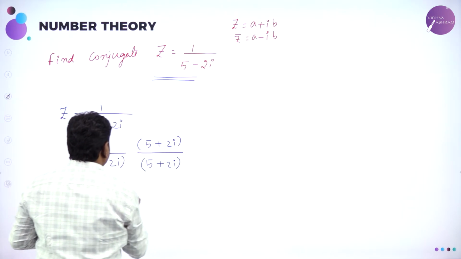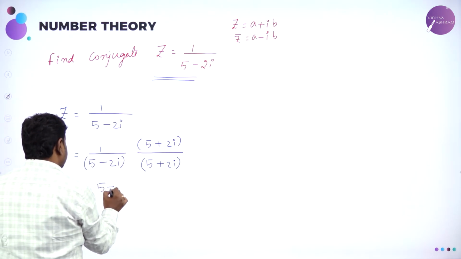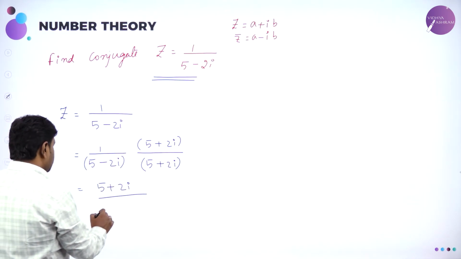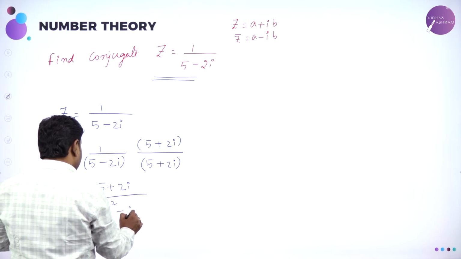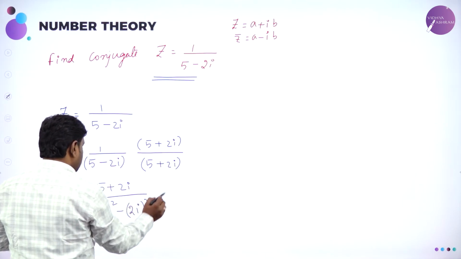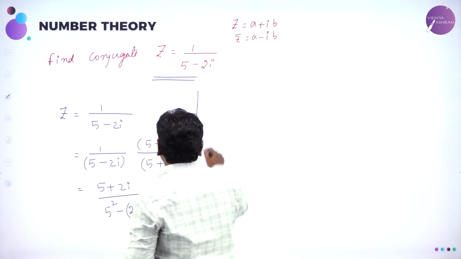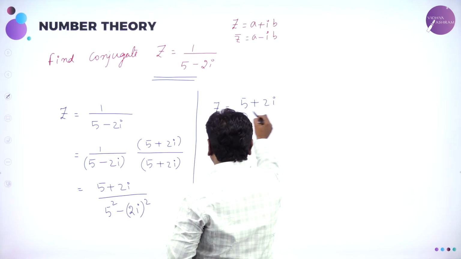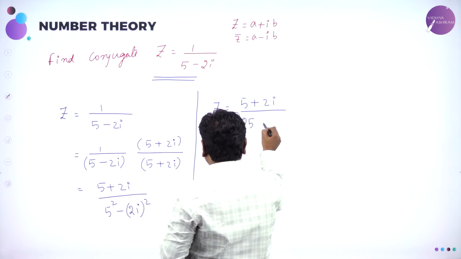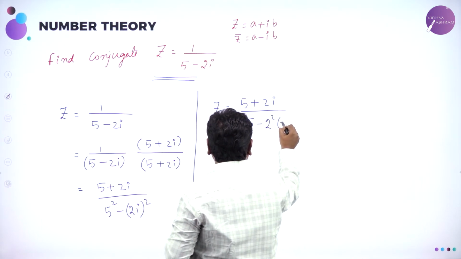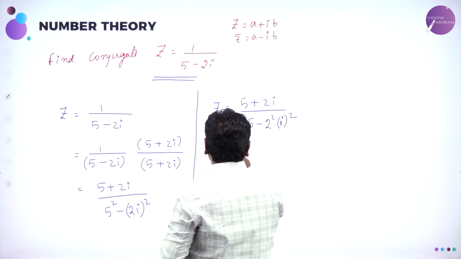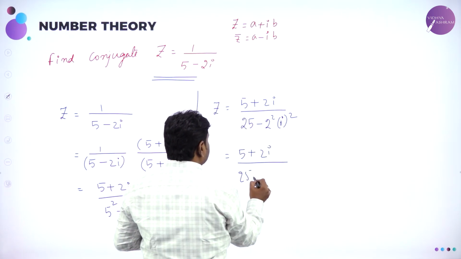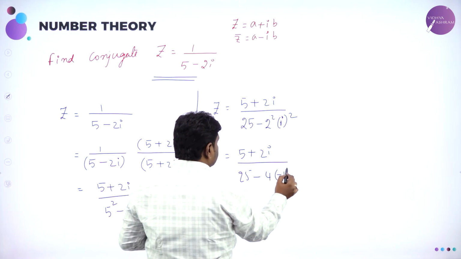Now numerator, 5 plus 2i into 1 is what? 5 plus 2i. Denominator, (a plus b) into (a minus b) is a square minus b square. z is equal to (5 plus 2i) divided by 5 square, which is 25, minus 2 square i square. (5 plus 2i) divided by 25 minus 4 into minus 1.